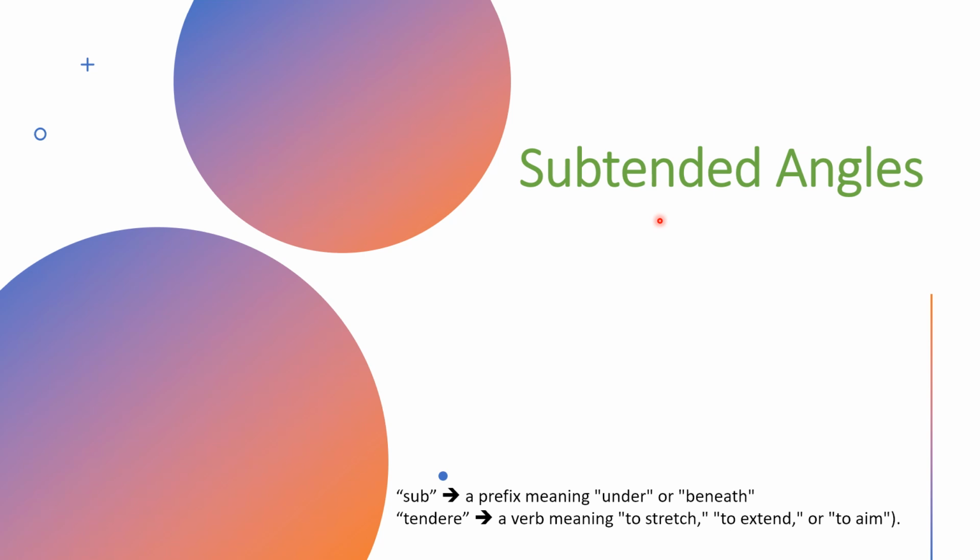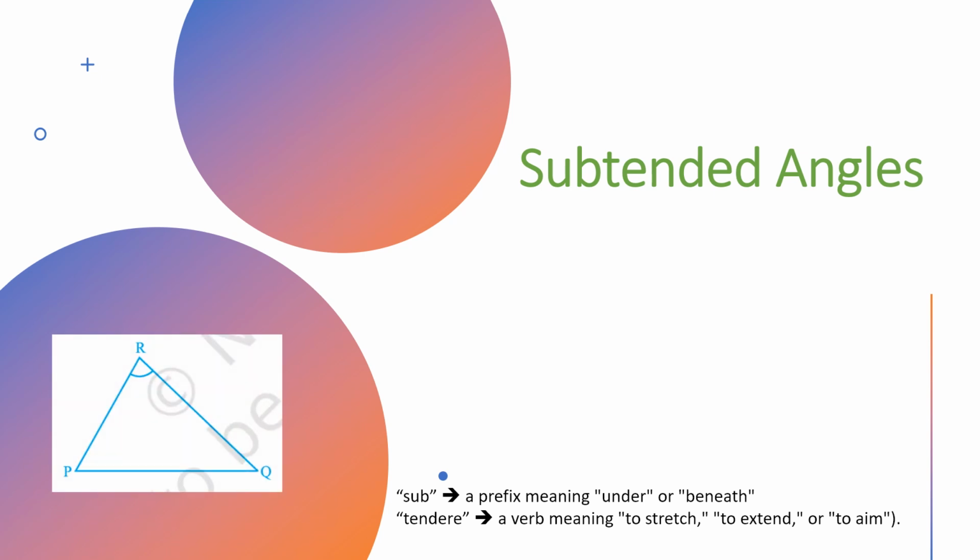There is one more word, tend, which is a verb, meaning to stretch, to extend, or to aim. This is how the word subtended is derived or formed. Now look at the diagram here.